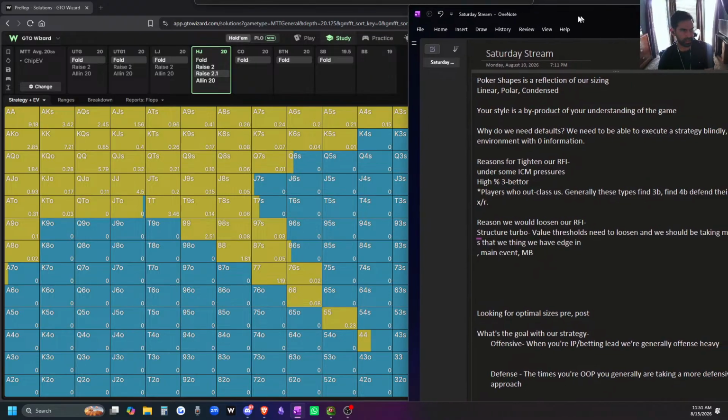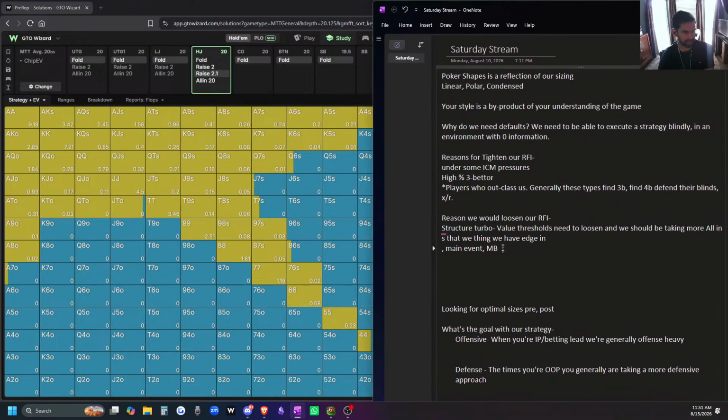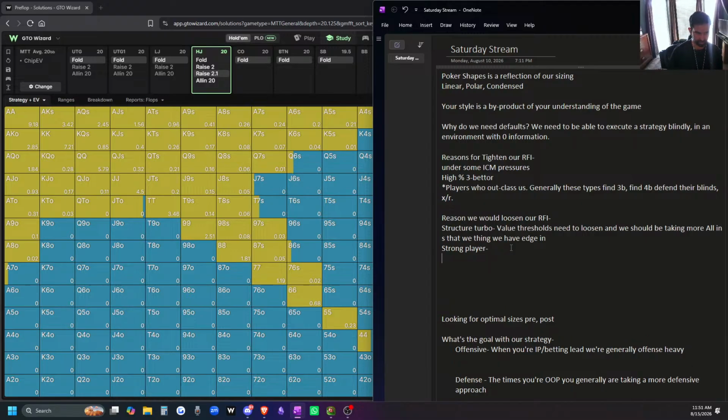Okay, what about table dynamics? Skill edge is the next one. So if you're a strong player, you should be loosening up, especially against tighter players.